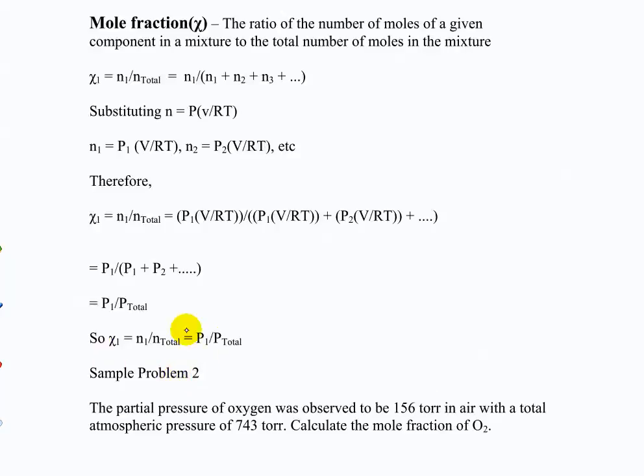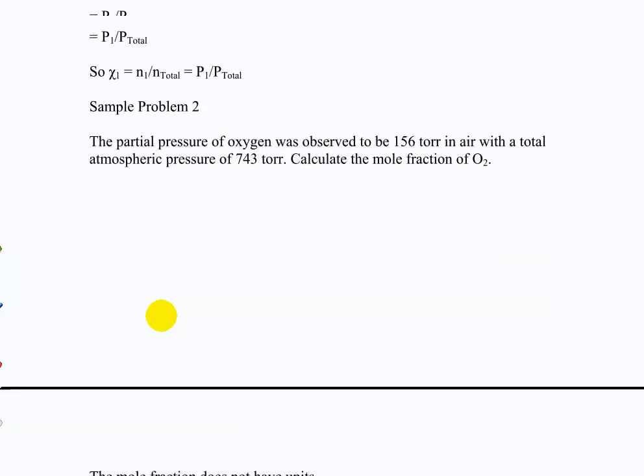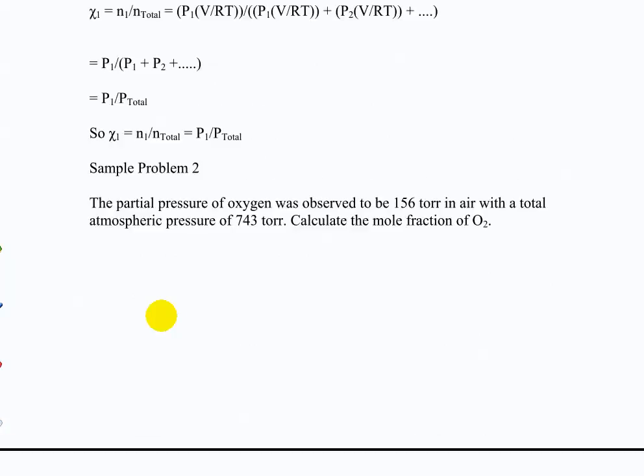But you can use mole fraction to calculate pressure and vice versa. So let's look at how that works in a problem. Partial pressure of oxygen was observed to be 156 torr in air when the total atmospheric pressure is 743. Calculate the mole fraction of oxygen.